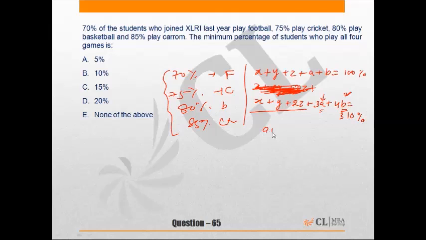From here we get a plus b equals 100%, and 3a plus 4b as 310%. From here we get a equals 90% and b equals 10%. So the minimum percentage of students who have to play all the 4 games is 10%.